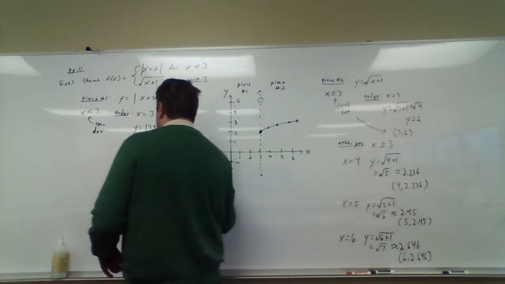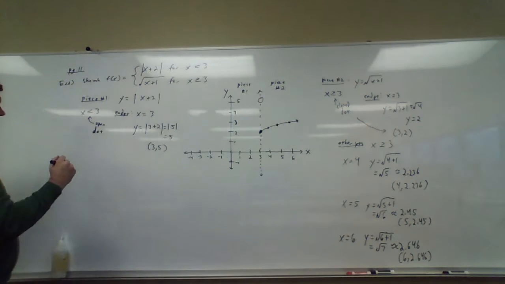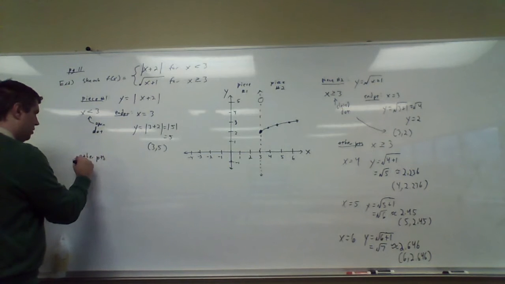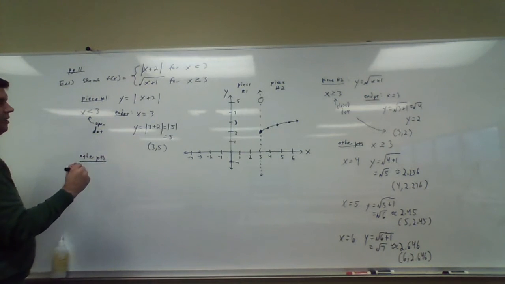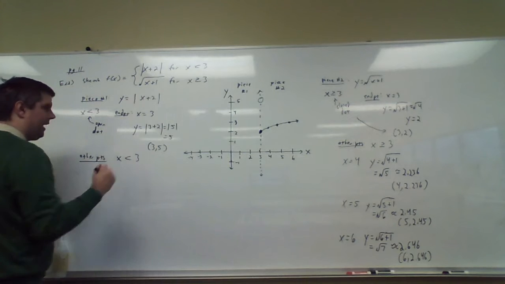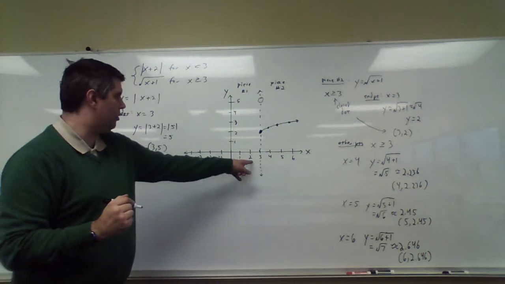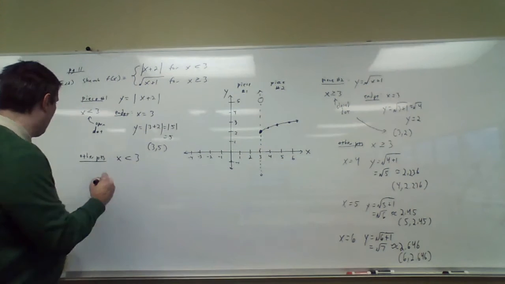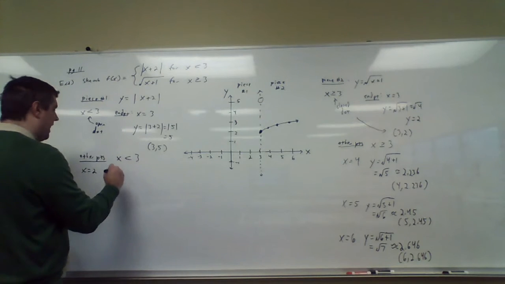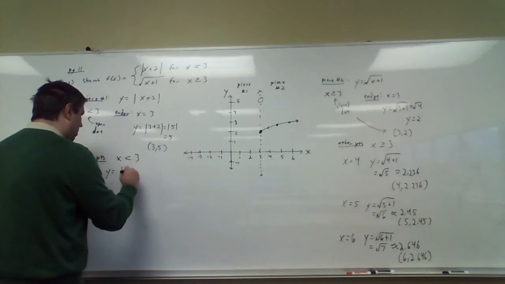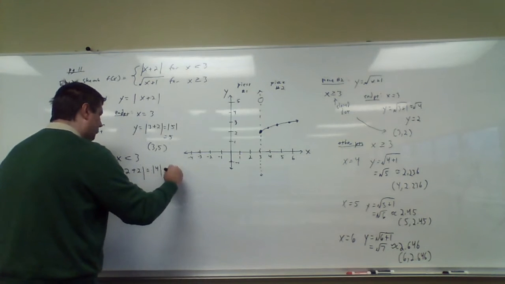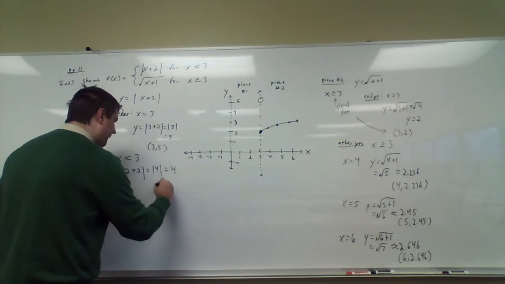Next up, we need other points with the restriction that x has to be less than 3. So 2, 1, 0, and so on. So x equals 2, y equals the absolute value of 2 plus 2, which is the absolute value of 4, which is 4. So (2, 4).